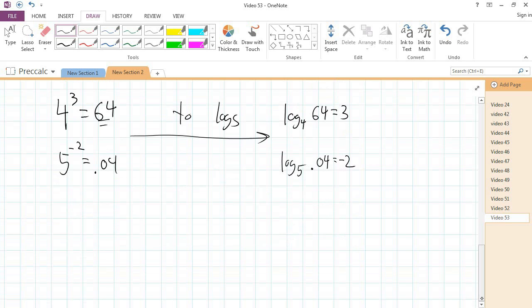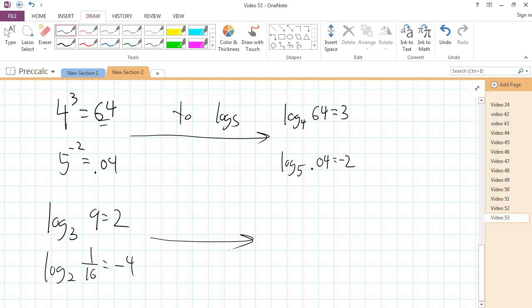Okay? Now, I can also take logarithms and turn them into exponentials. I can go backwards. The base of the logarithm is the base of the exponential. The answer to the logarithm is my exponent.